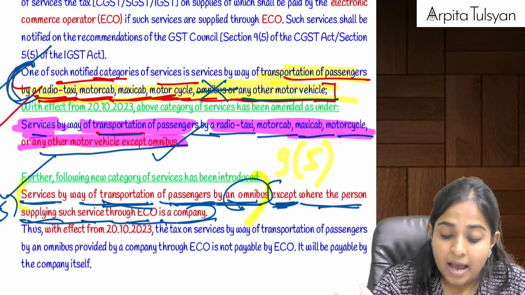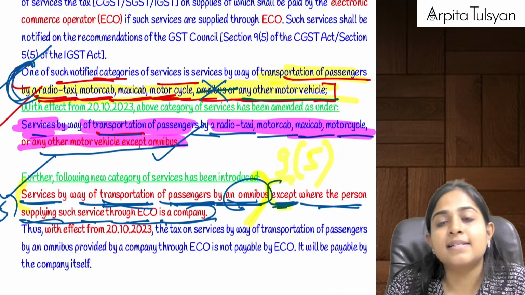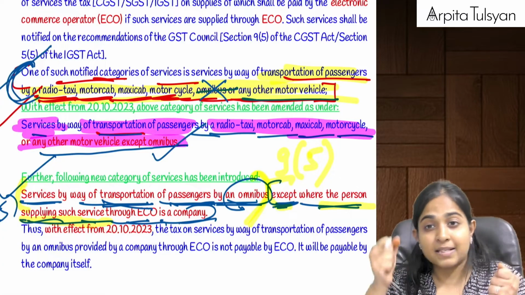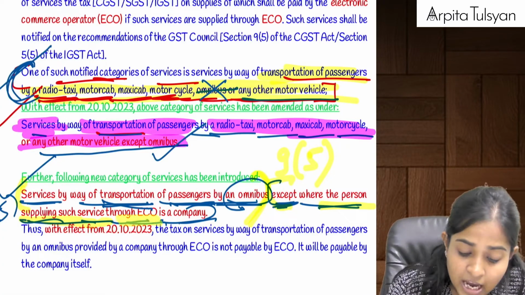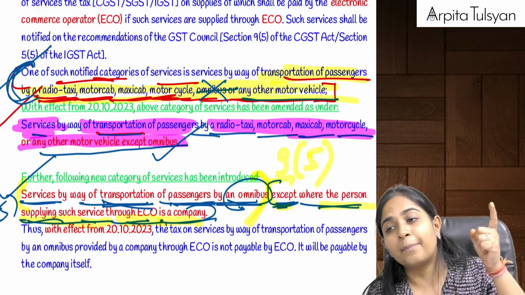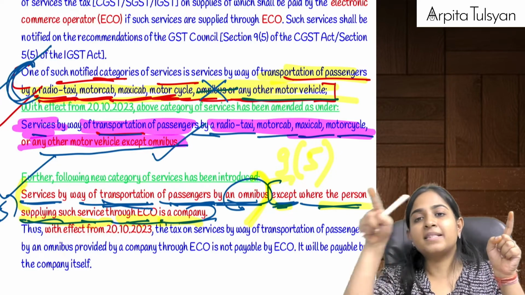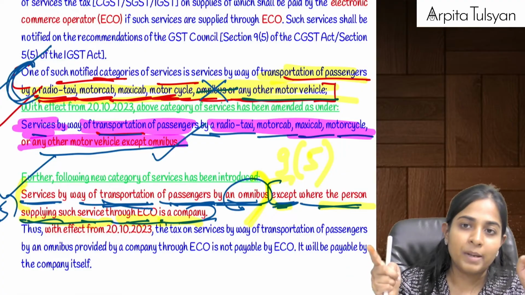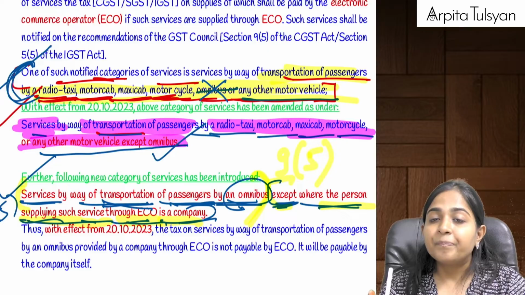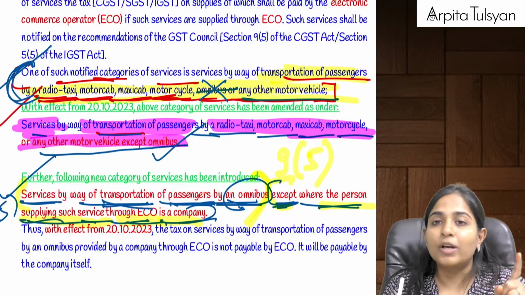But what is not considered a notified service? When the person supplying such service through an e-commerce operator, that omnibus person, is a company, meaning the ultimate supplier supplying this passenger transportation service through omnibus is a company, then it is not a notified service.